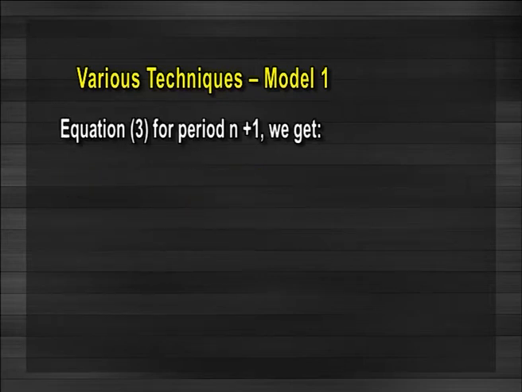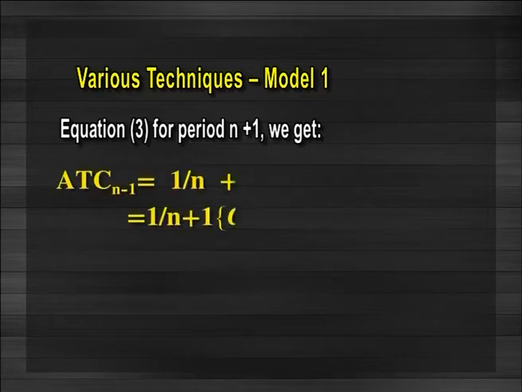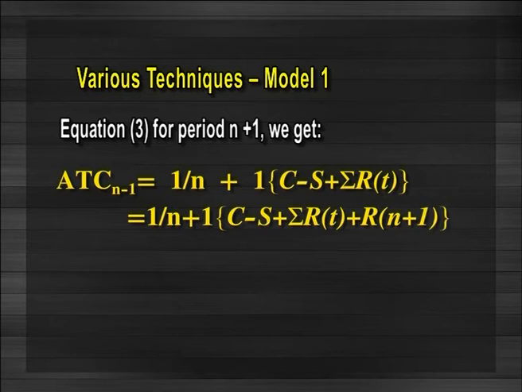Using equation 3 for period n plus 1, we get ATC of n plus 1 is equal to 1 by n plus 1 into C minus S plus summation RT, which is equal to 1 by n plus 1 into C minus S plus summation RT plus R of n plus 1.